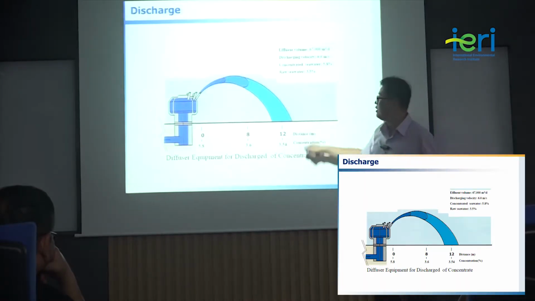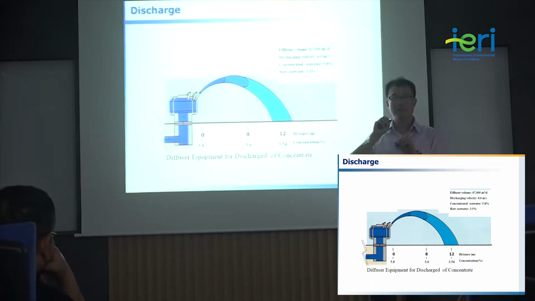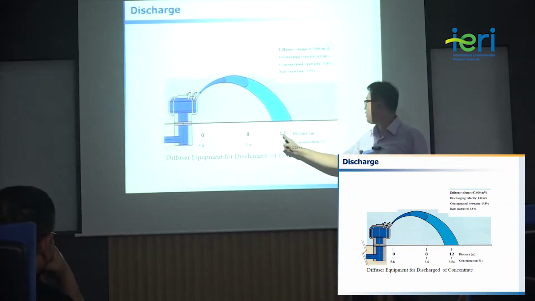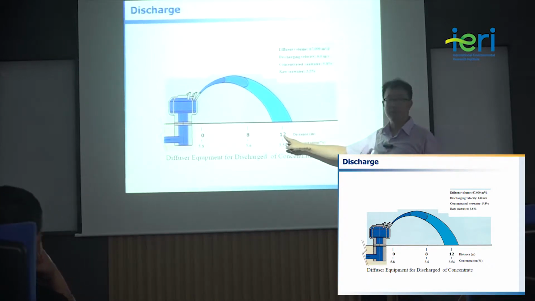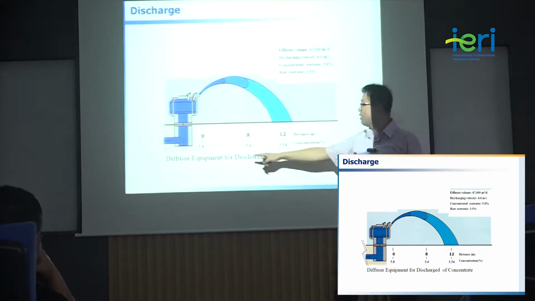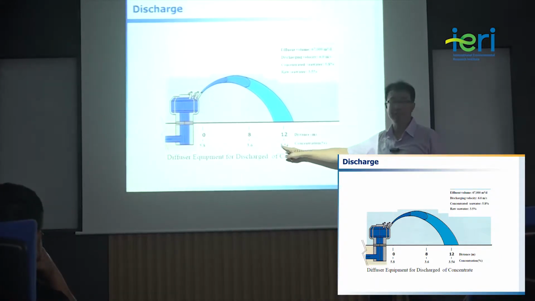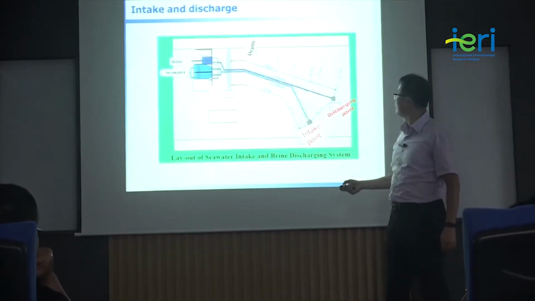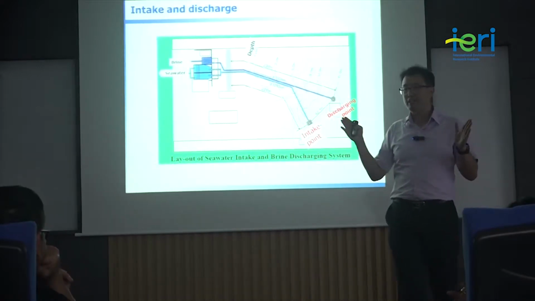For example, in this figure, this discharge system is called a diffuser. At just more than 10 meters distance, the concentration becomes very similar to the seawater. That is the reason why 62.1 meters is enough distance.